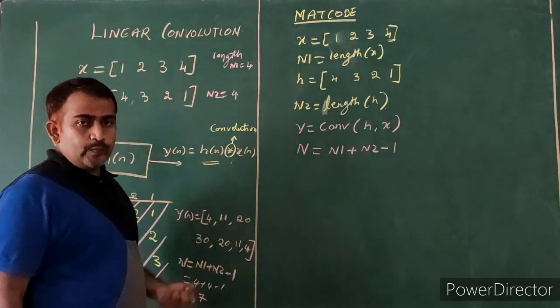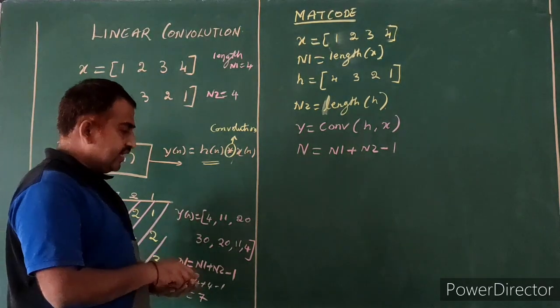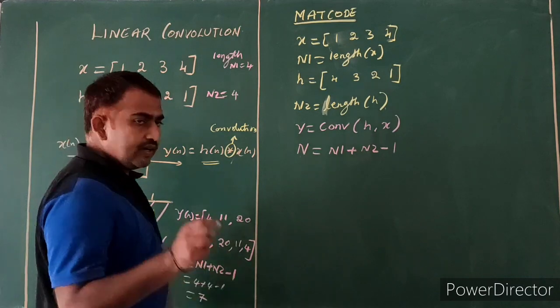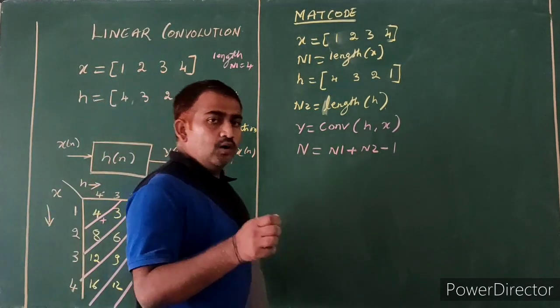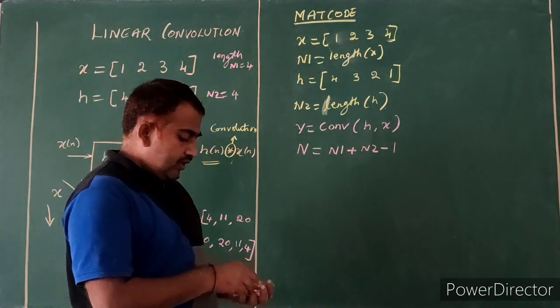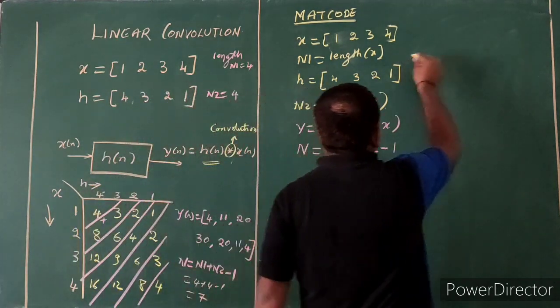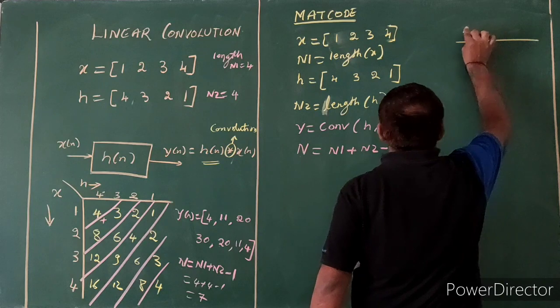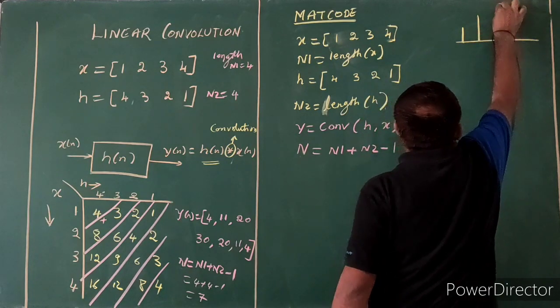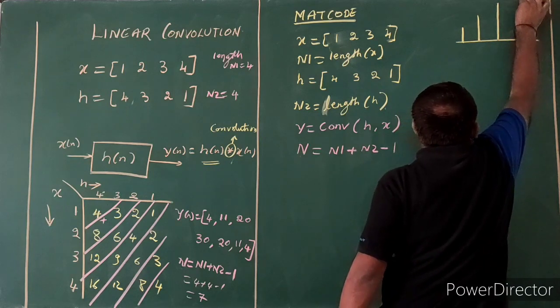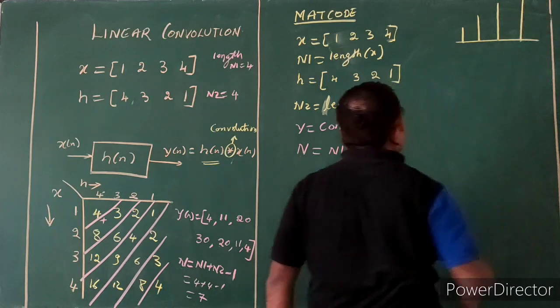Now in order to display the waveform, we have one of the important keywords in MATLAB. How do we get the result? It depends. We want all three waveforms. If I want x, the value is 1, 2, 3, 4.